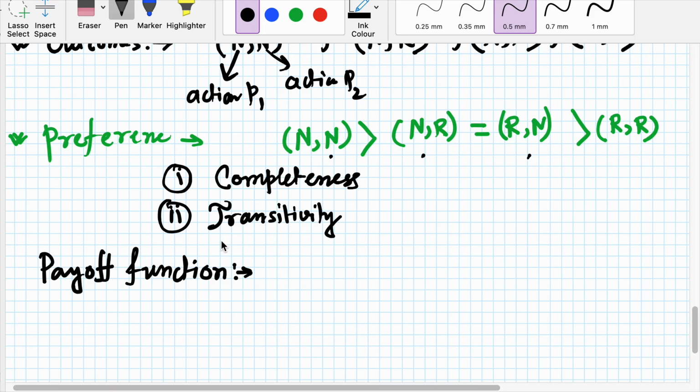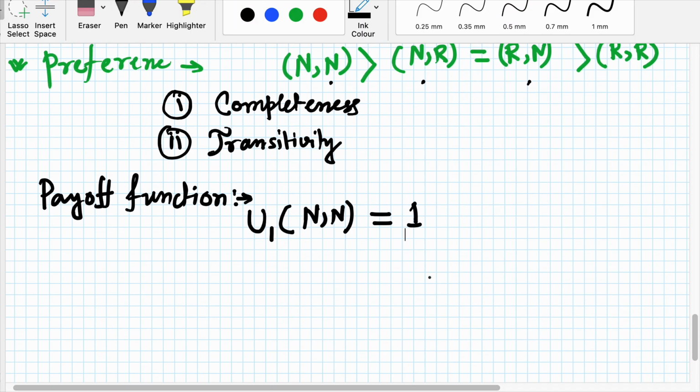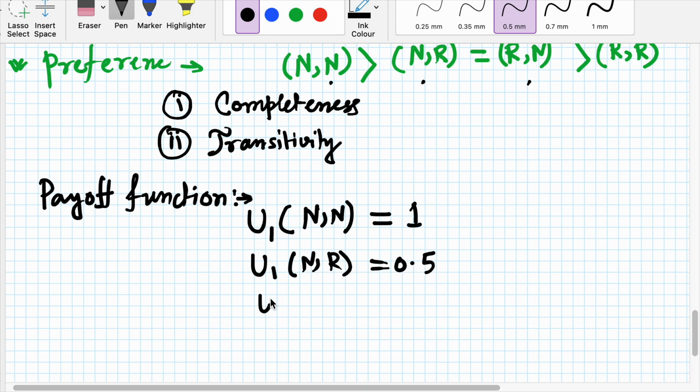The utility for player 1 of the outcome nn, let's put a number 1. Why am I putting the number 1? Because it represents the preference among the outcomes. So let me put 0.5 for nr, U1 of rn is 0.5, and U1 of rr is 0.